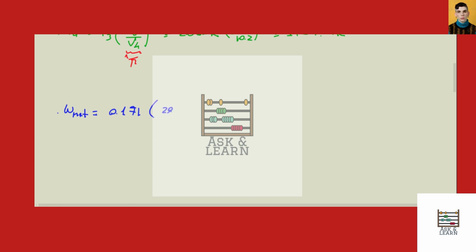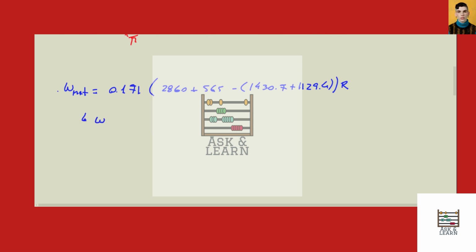So this is just 2860 plus 565 minus 1430.7 plus 1129.4, all this multiplied by R, and with this we find that the net work per cycle is going to be 147.9 BTU per lbm. Okay, so this is the net work.